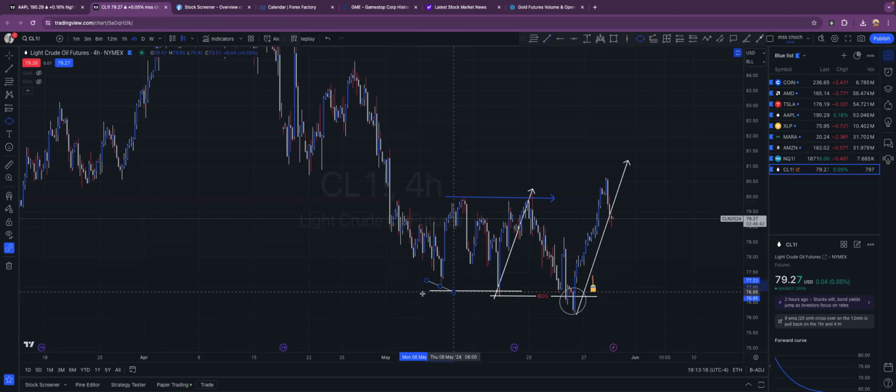This is the last time, because price reacted. That's simple. Price went down, bounced, went up. Price went down, taking out the low.